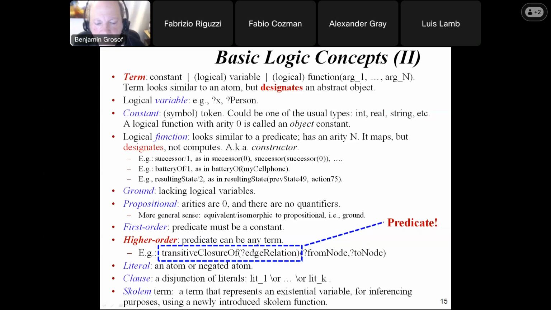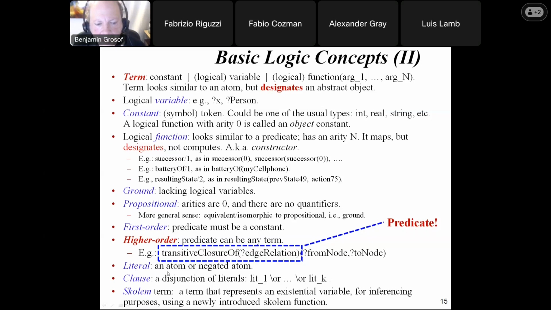Those would be three examples of edge relations. And then we have transitive closure of as a function applied to that edge relation, which, with some suitable rules that axiomatize it, will generate all the paths through the graph defined by that edge relation and some nodes. So here, this expression, transitive closure of the variable edge relation, is itself a predicate.